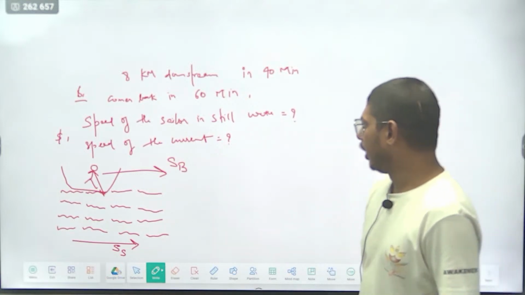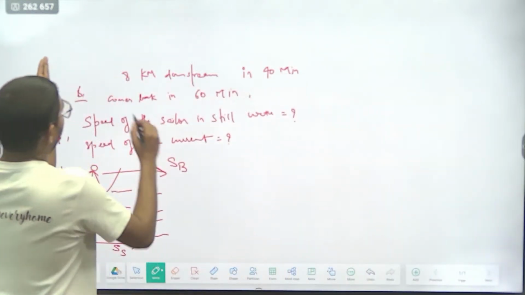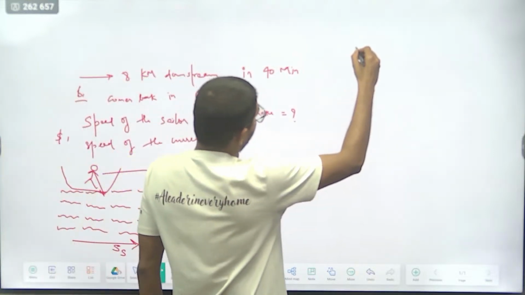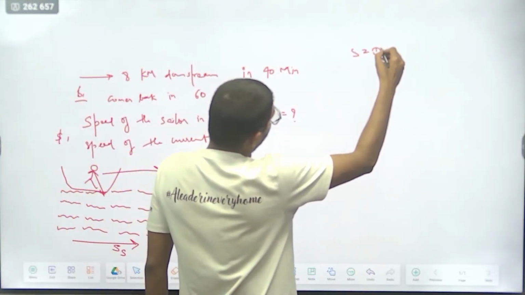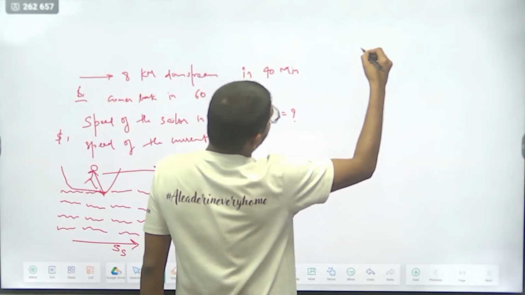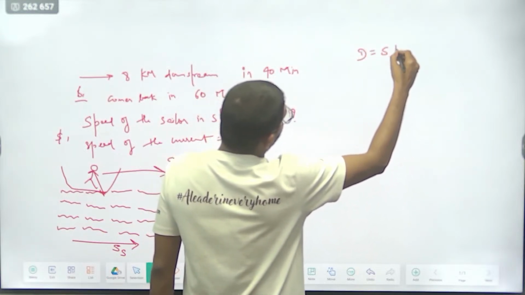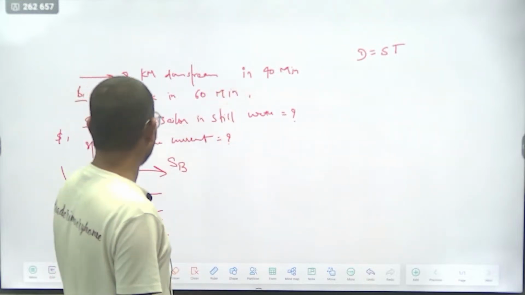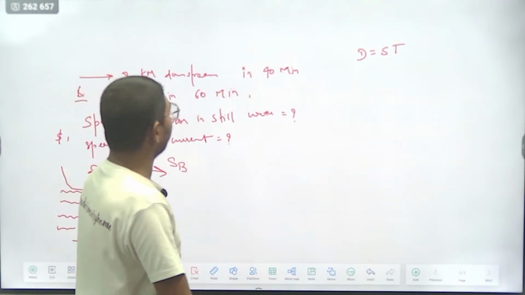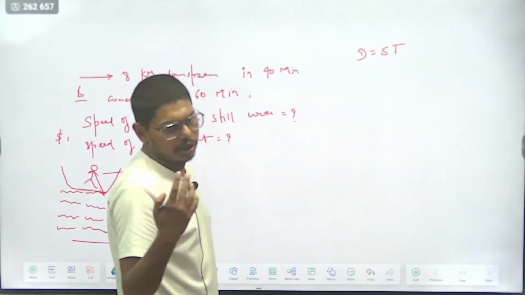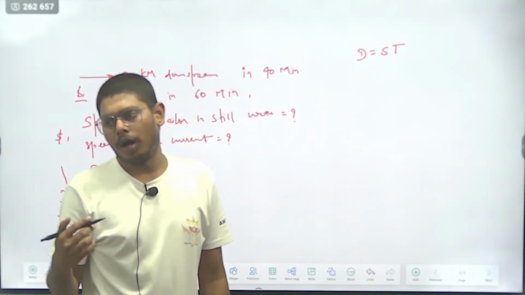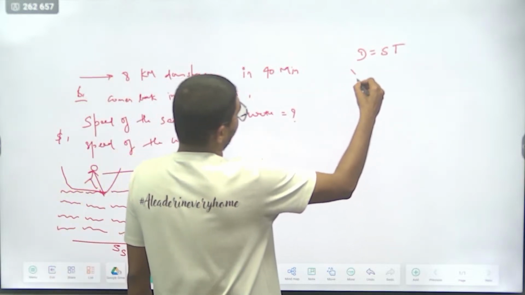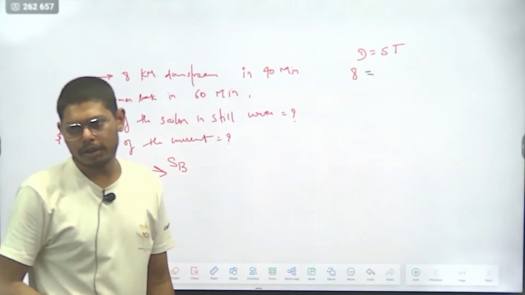So now it goes 8 kilometers downstream. Distance is equal to speed into time. They have given time over here already. Let's work with kmph, kilometer per hour, as the unit. Distance is 8 kilometers. I'm strictly talking about the downstream condition.